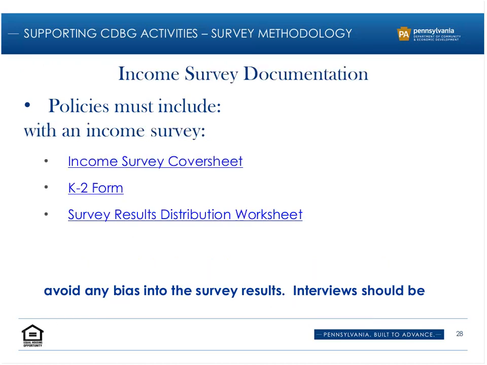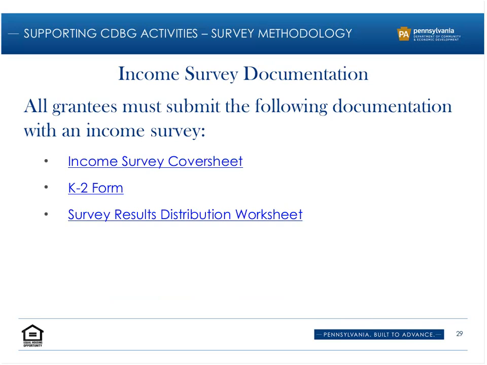And as I started to say, I got a little ahead of myself, for each survey conducted, you, as the grantee, will be required to submit the following documentation with each income survey. Now, everything is not listed here because your activity description is going to be in the application kit already.